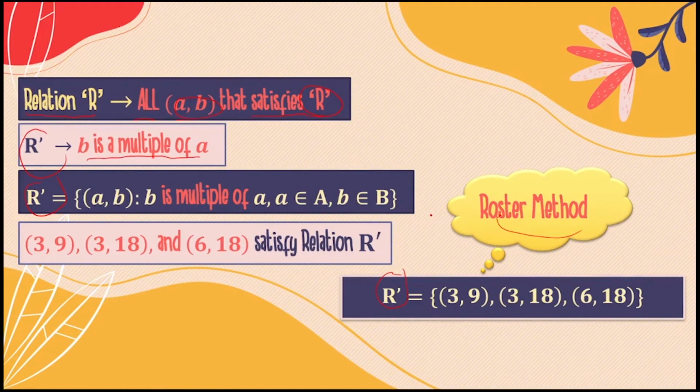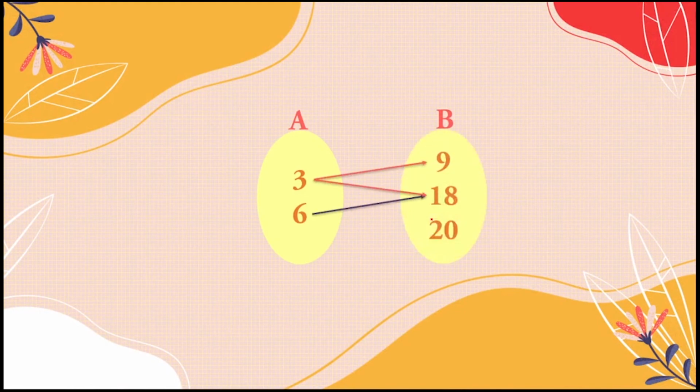Set R dash can also be represented using an arrow diagram or mapping diagram, like this. We draw an arrow for every ordered pair in set R dash. So, we draw one arrow for (3, 9), another arrow for (3, 18), and another arrow for (6, 18).